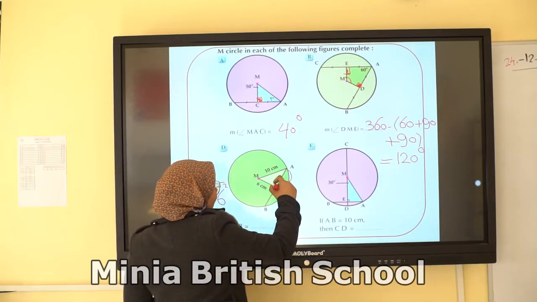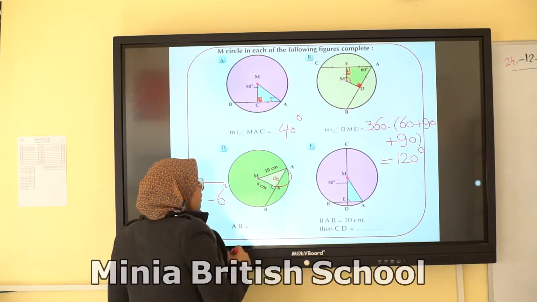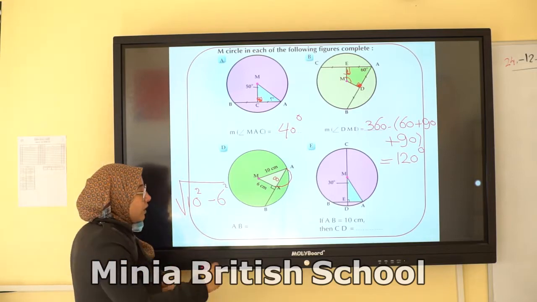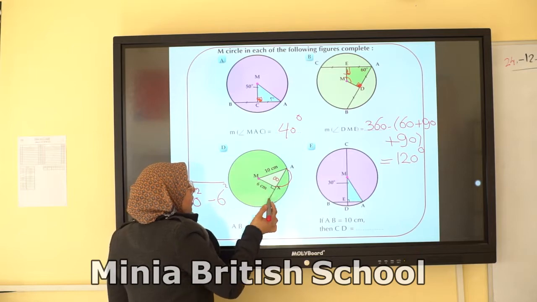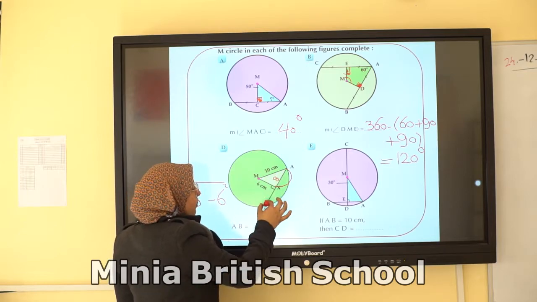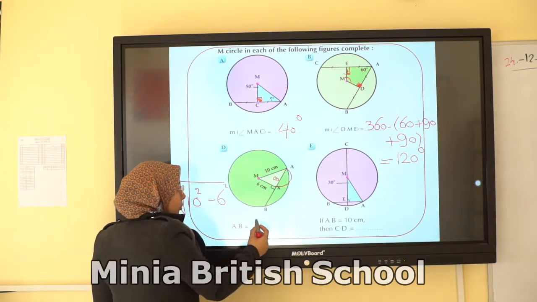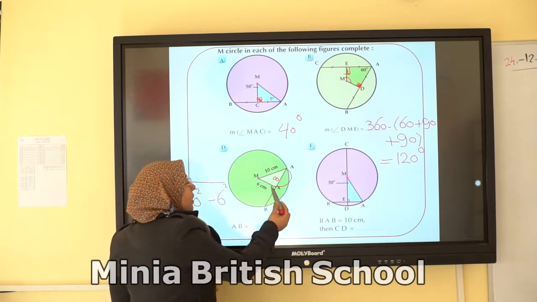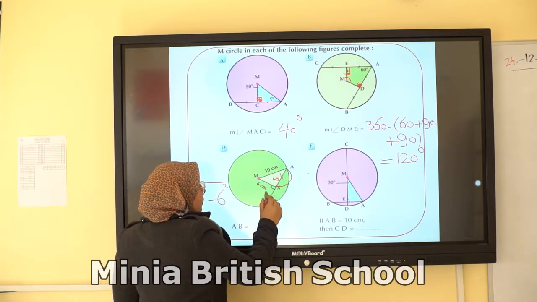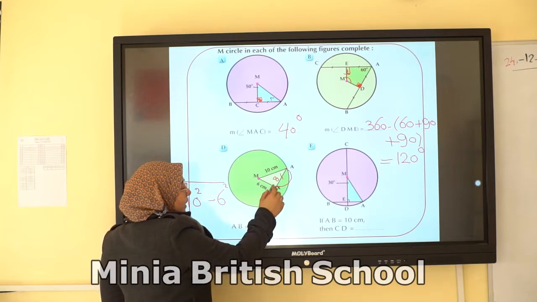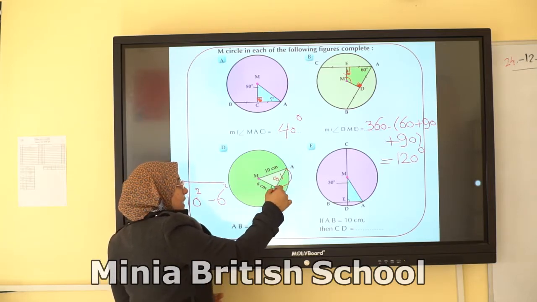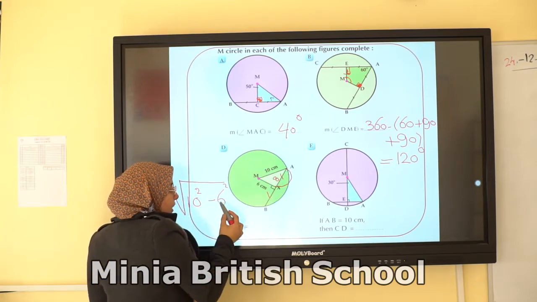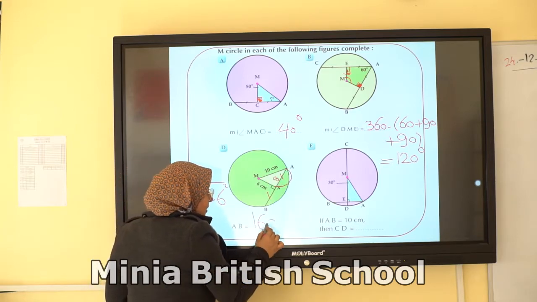Therefore, AX equals 8 centimeters. Then AB equals 16, because MX is perpendicular to AB. Therefore, X is the midpoint of AB, so AX equals XB. Therefore, AB equals 16 centimeters.